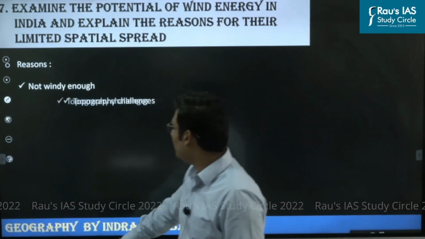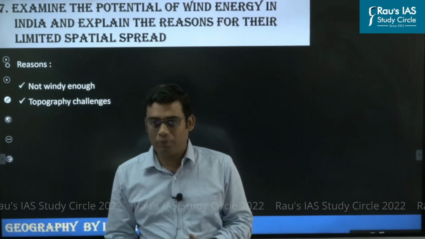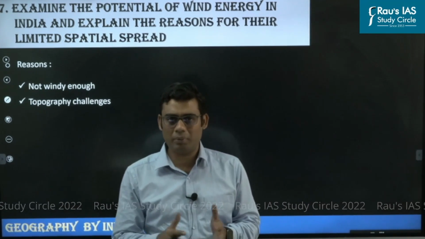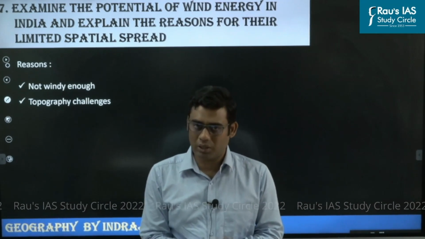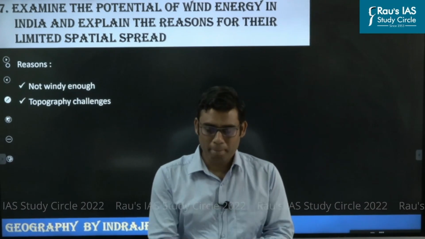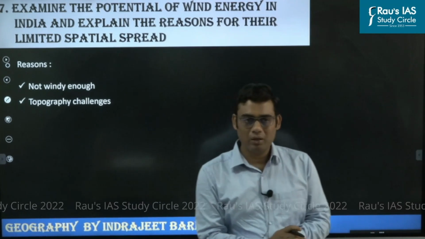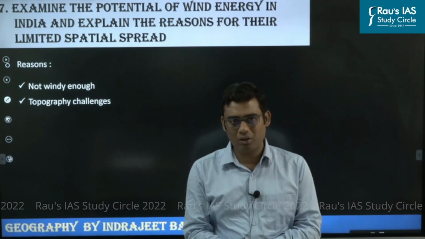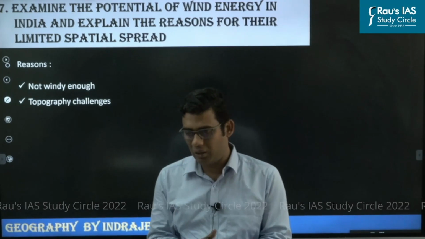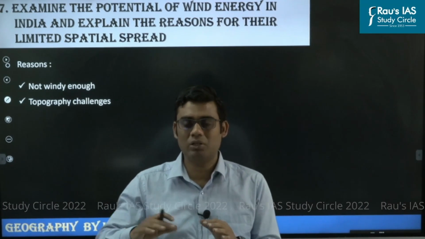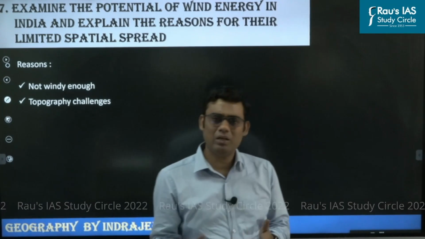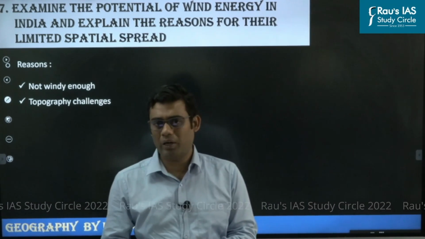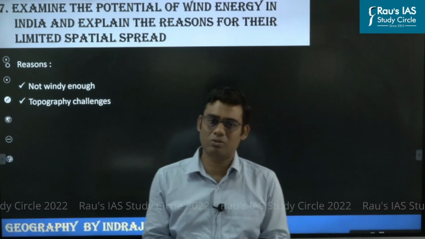Going beyond that, there are topography challenges. Topography challenges here primarily mean that to construct a wind energy farm, you need a very large area. You need plain areas, which comes in the form of topography challenges. In addition to that, in some areas the topography provides some favorable conditions also.